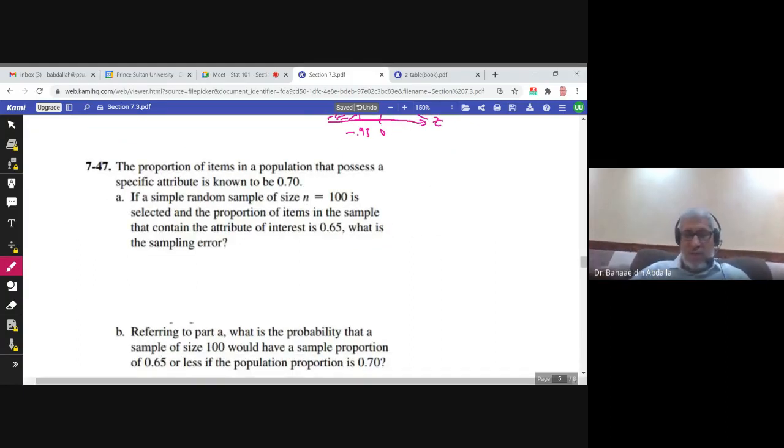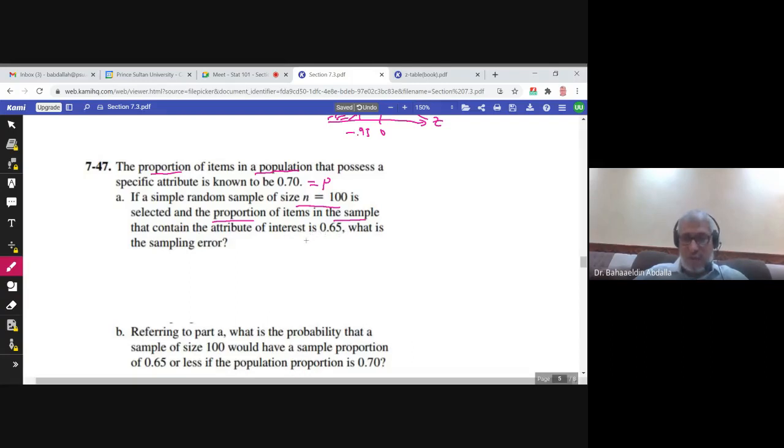Another question, the proportion of items in a population that possess a specific attribute is known to be 0.7. So 0.7 is P, the proportion population. The sample size is 100. And the proportion of items in the sample that contains the attribute of interest is 0.65.